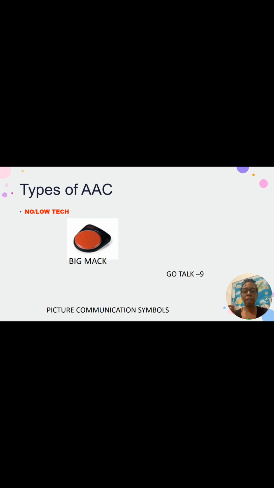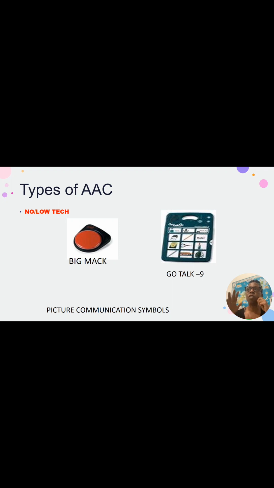Then I have another device called a Go Talk 9, which generally works in the same way as the Big Mac, in the sense that you record messages in there. And if you notice, there are 9 grids, and in each one of those grids there are pictures, and you would record a message to match the picture. So let's say there's a picture of crayons on that grid. You record crayons, and when you push on the picture of the crayons, it'll say crayons.